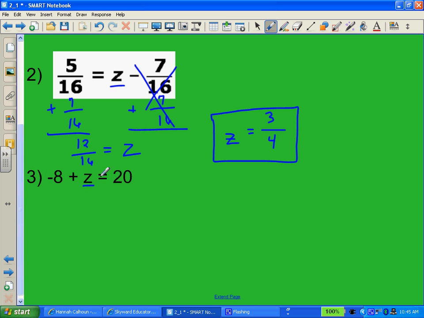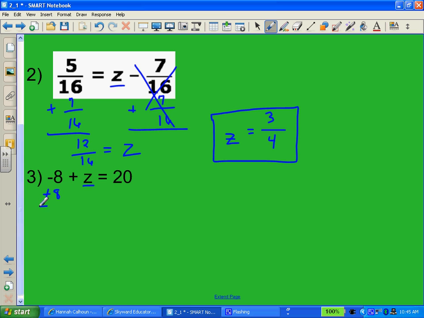So what I do to kind of help with this problem where it gets confusing, one rule that I follow is always look at the sign in front of the number that you're moving. Okay, so I want to get rid of this -8 because I want z by itself. So -8 is negative, it's got a negative sign in front of it. So to cancel that out, to make it 0, I have to add 8.